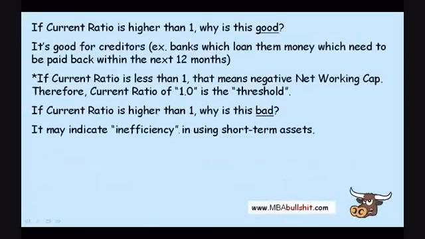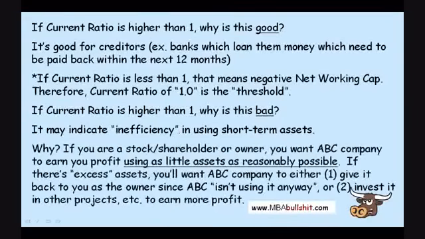Now, what do we mean by this? Well, just imagine that you are a stockholder or a shareholder or an owner. You will want ABC company to earn you a profit while using as little assets as reasonably possible, right?